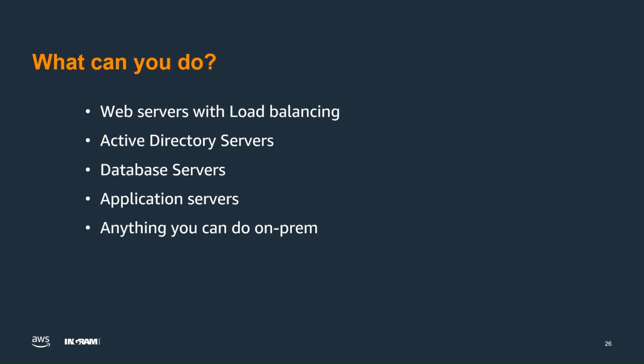I would suggest the answer is you can do whatever you want. From building a simple web server to building a large-scale, graphic-intensive, CPU-hungry application server, you can build out anything you need. You can replicate or replace any of the servers you have on-premise or in your private cloud, or build out a specialized machine for any particular requirement you might have. Basically, if you can specify what you need, it's most likely there is a machine type that works just for you.